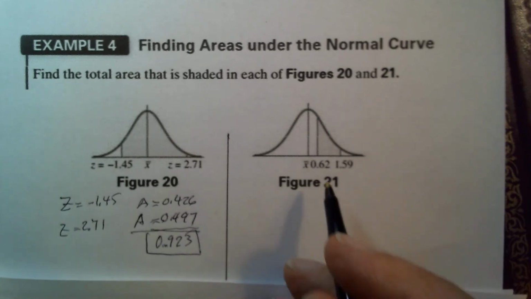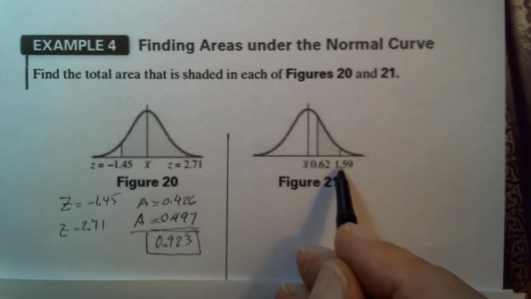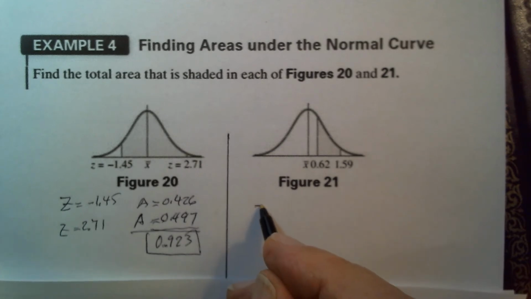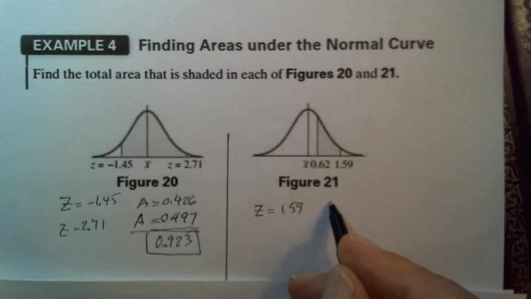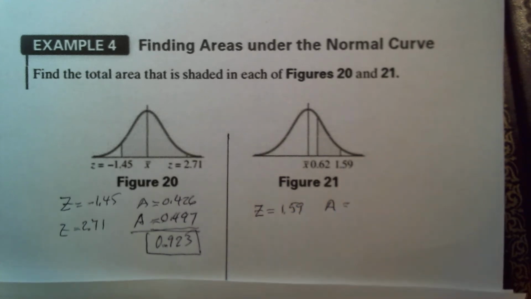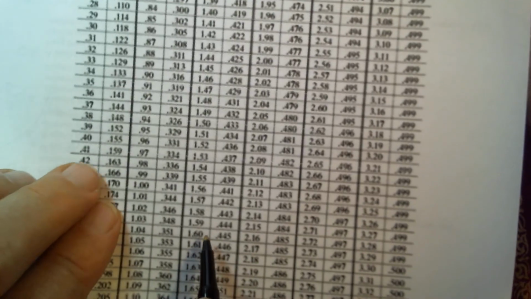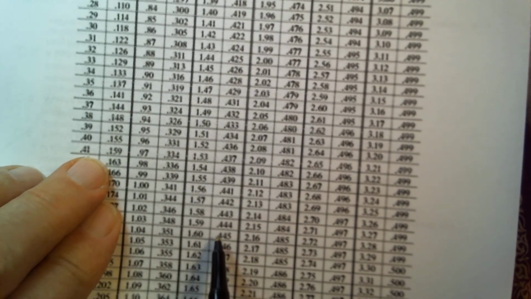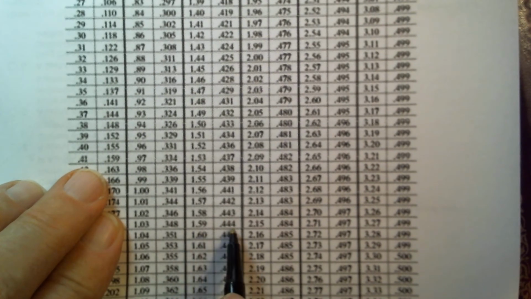The next question asked us what's the shaded area between these two z-score values. Well, here we look at the area for the z-score of 1.59. Z equals 1.59, and the corresponding area is 0.444.